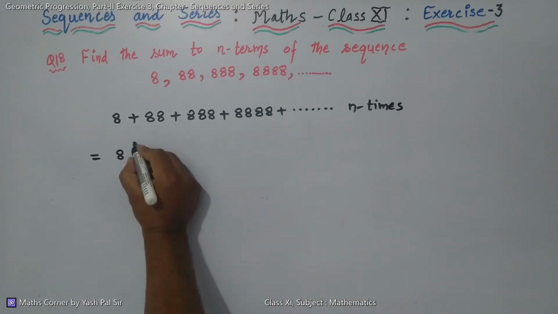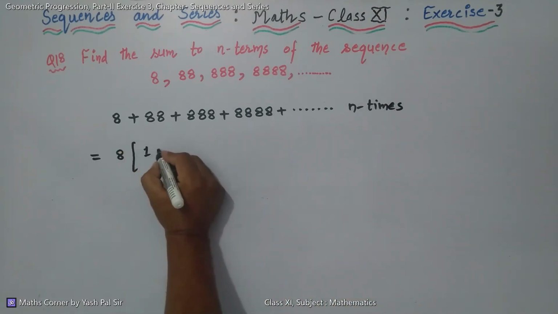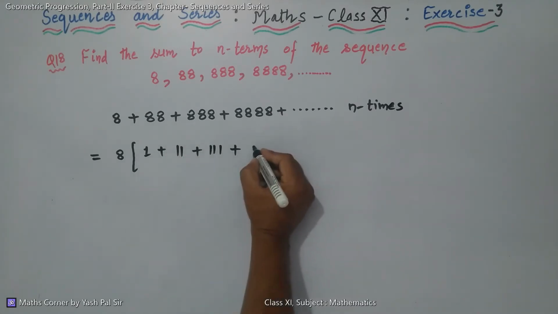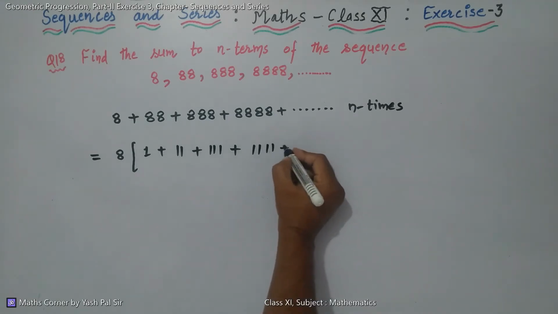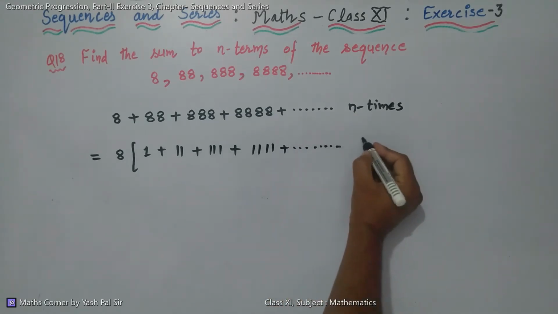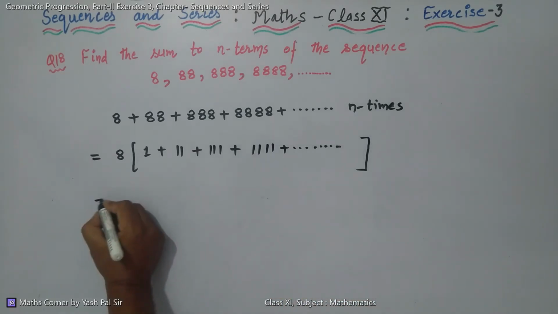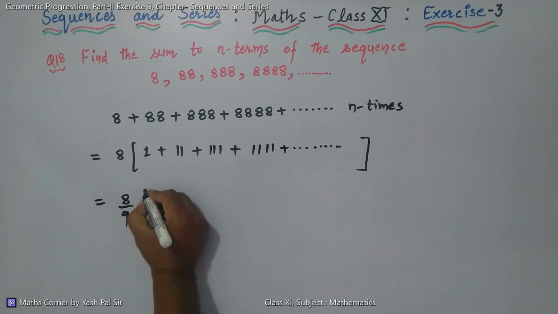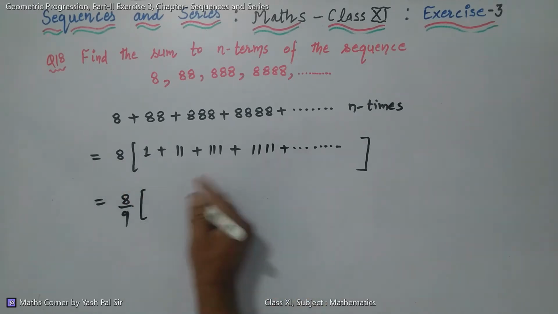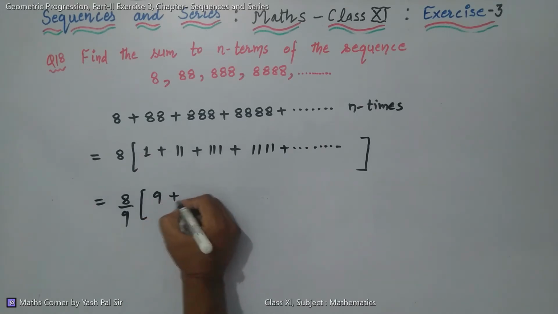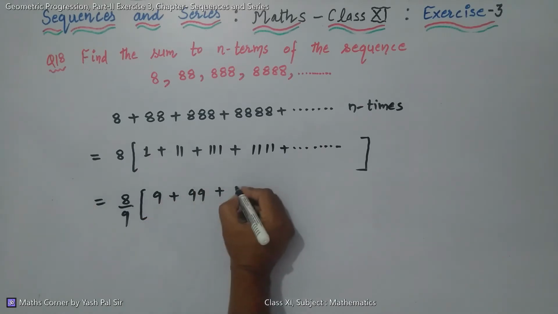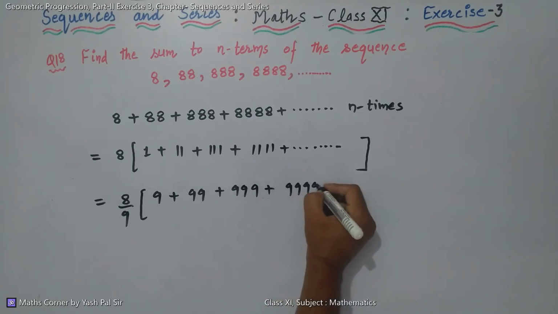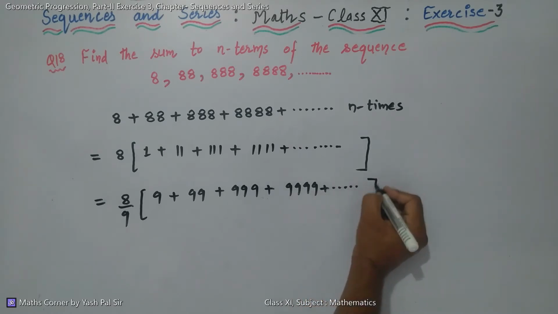So we are left with 8 into 1 plus 11 plus 111 plus 1111 and so on. Right? Now in the next step, we divide outside by 9 and multiply inside by 9. So this becomes 9 plus 99 plus 999 plus 9999 and so on n terms.